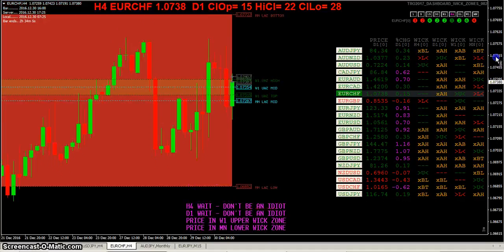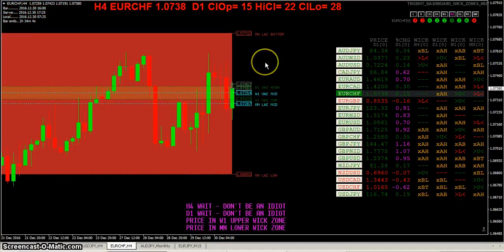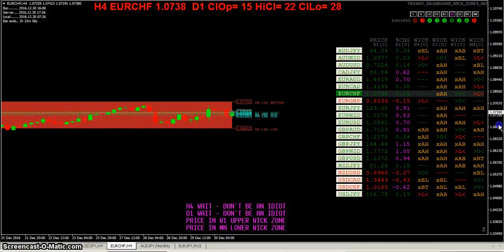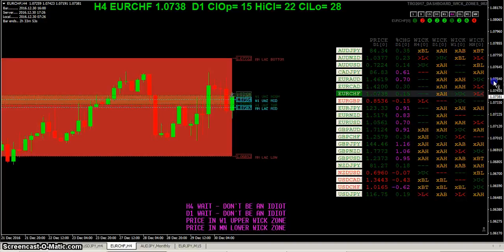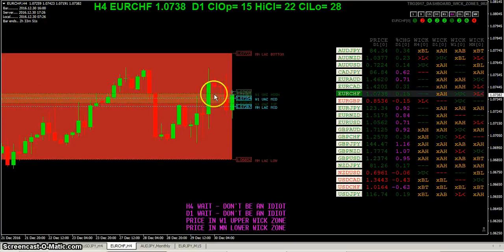And so with the TRO 2017 Wick Zones indicator, it'll only display the zones when price is inside them. The main thing about it is I ran all the frequency distributions to get the statistics. Price leaves the zone about 7 out of 10 times. Price just leaves it. It doesn't like to stay inside these zones.